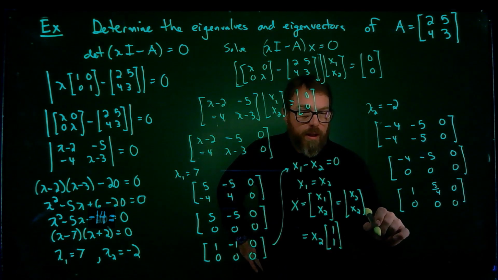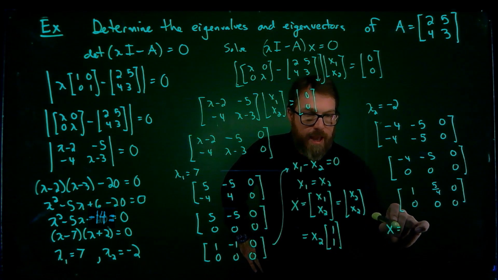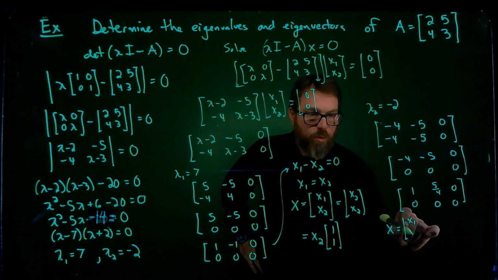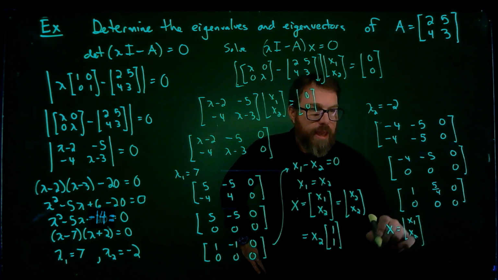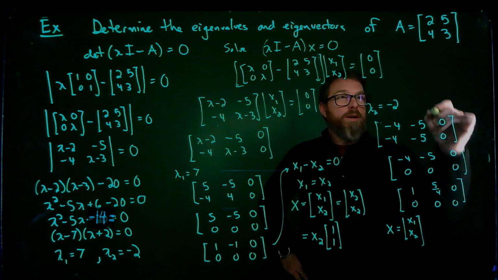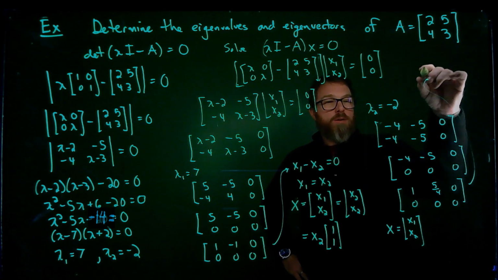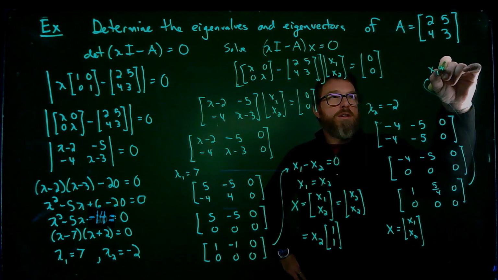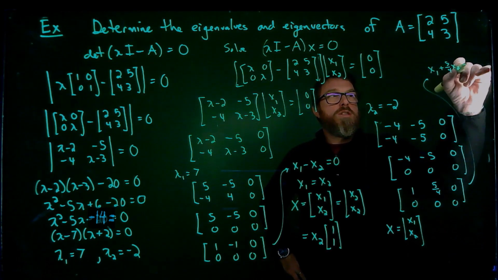So now our new matrix times X, which is x1, x2, says x1 plus 5 over 4 x2 is equal to 0.